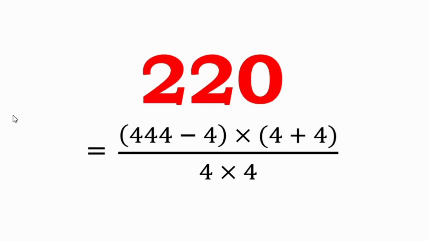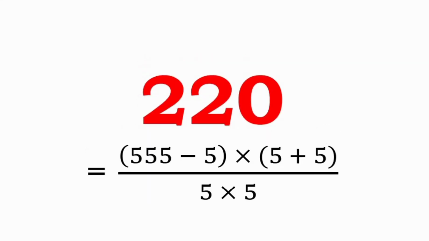The next representation of 220 in the row is using the digit 4. We can write 220 as (444 minus 4) into (4 plus 4) whole divided by 4 into 4. Now 220 can also be expressed as (555 minus 5) into (5 plus 5) whole divided by 5 into 5.